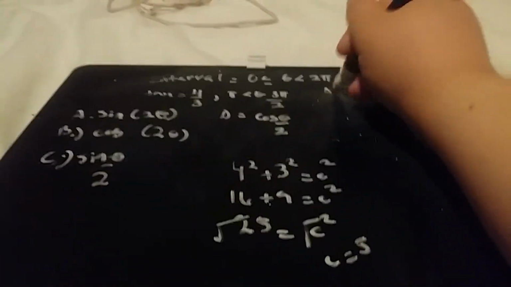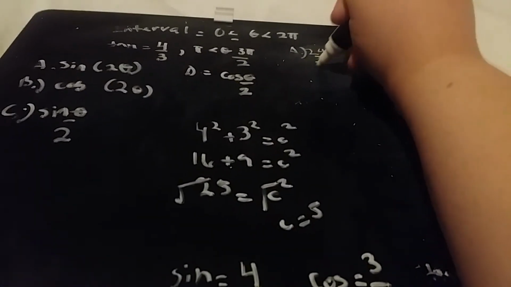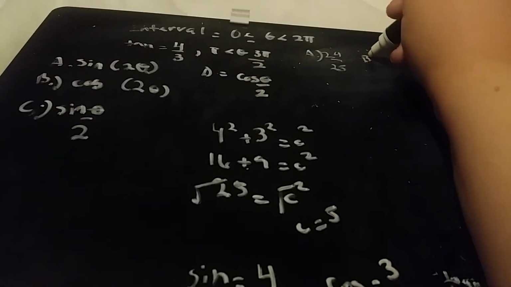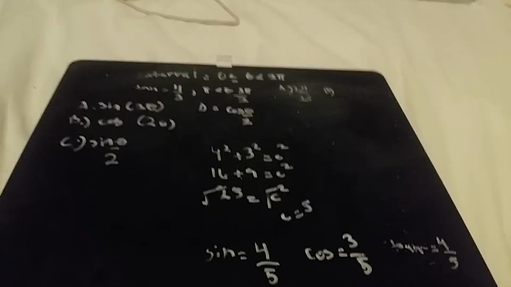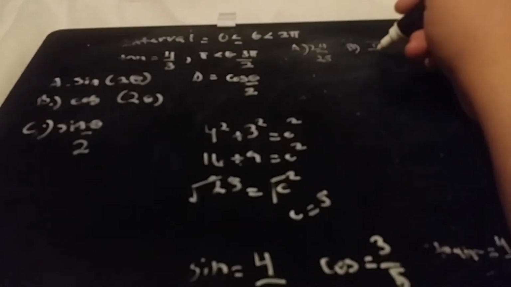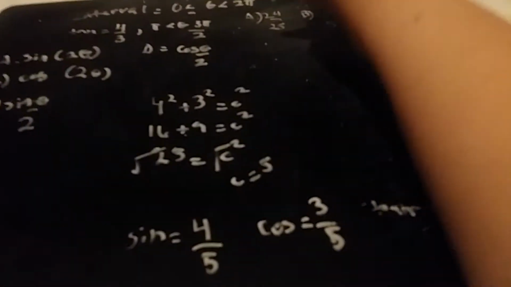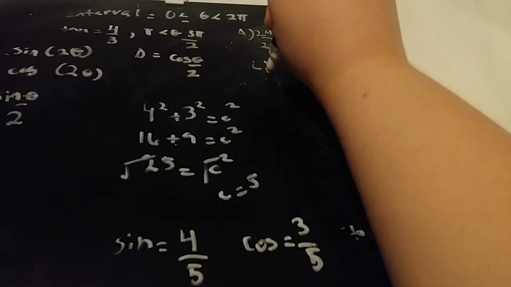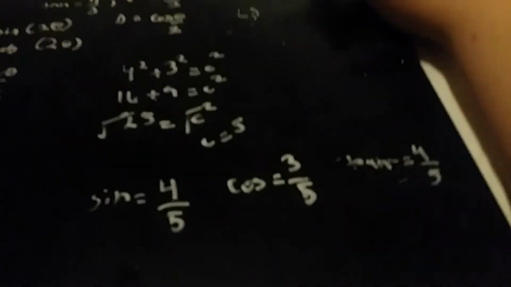So for part A, we get 24 over 25. For part B, we get... No, I'm sorry.